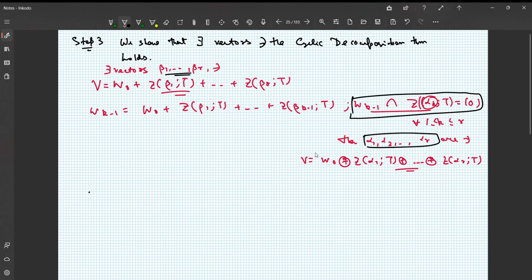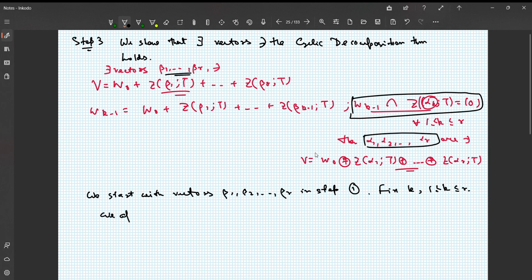So let's start with the proof. We start with the vectors beta 1, beta 2 till beta r in step 1. We fix k in the range 1 to r.